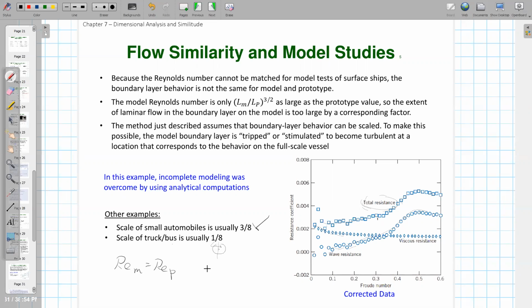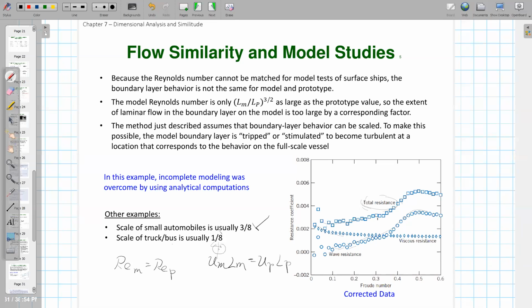Because rho and mu are the same, you have to make sure that U_m times L_m should be equal to U_p times L_p, because the viscosity and density are the same for the air, so I just remove them. So what does it mean?